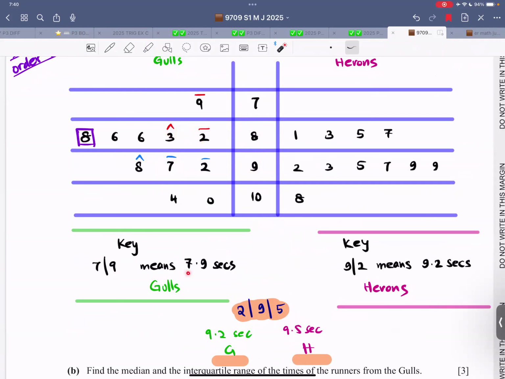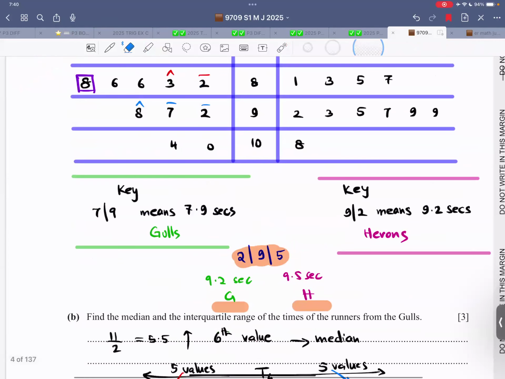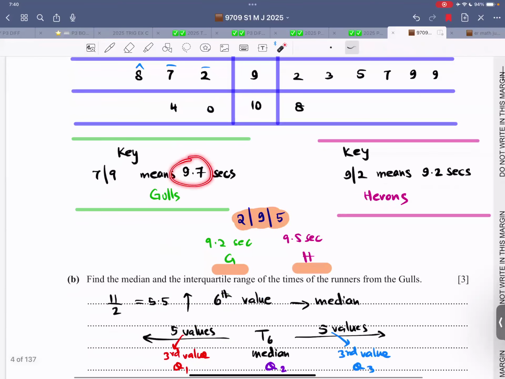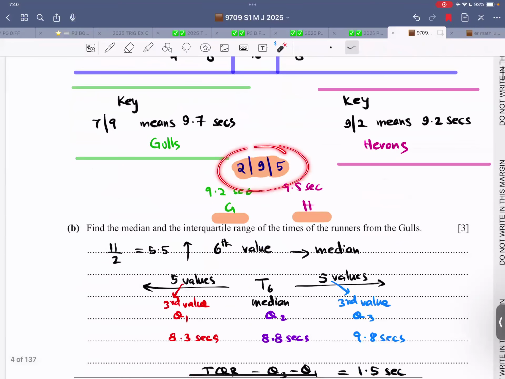That is 9.7 seconds. Let me just correct myself, I made a small error over here. For the gulls, 7|9 means 9.7 seconds. And the key for the herons, let's say this is 9|2, that means 9.2 seconds. So I have done this correction over here. Or you can have a single key.